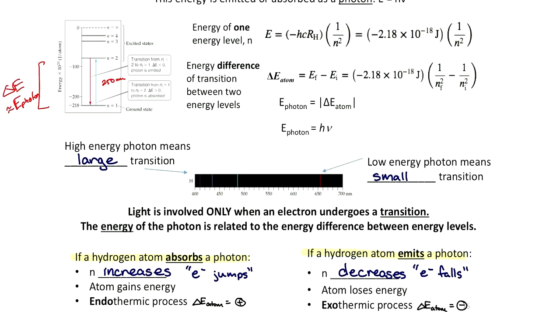Your atom is gaining energy. Versus if your hydrogen atom emits a photon, energy is being released. That's an exothermic process. So typically we'll see n decrease or the electron fall. And so it's all about signs again, right? Signs always mess us up, but that sign is just telling us, is energy being released or absorbed by the system, right?